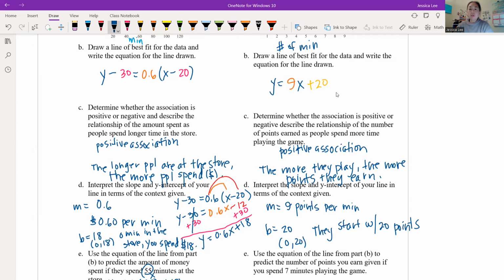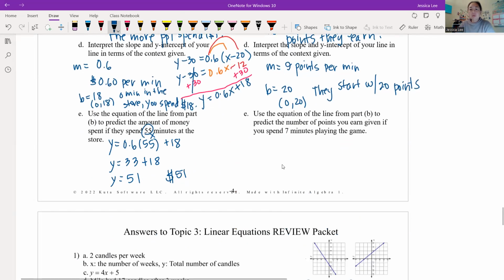Now we're going to use our equation, y equals 9x plus 20, to figure out how many points they would get if they spend 7 minutes playing the game. About, right? It's not going to be exact. This is just to predict. So this 7 minutes is our x. So y equals 9, instead of x we're going to put in 7, plus 20.